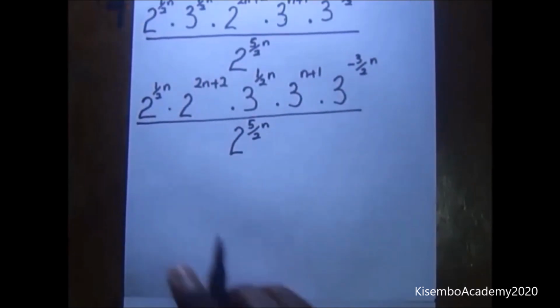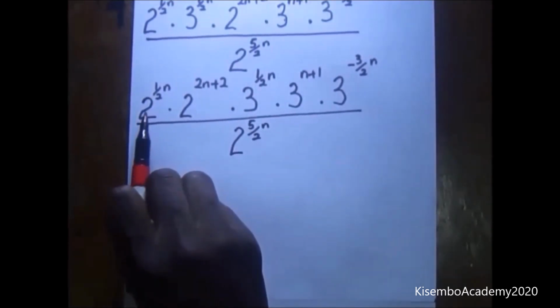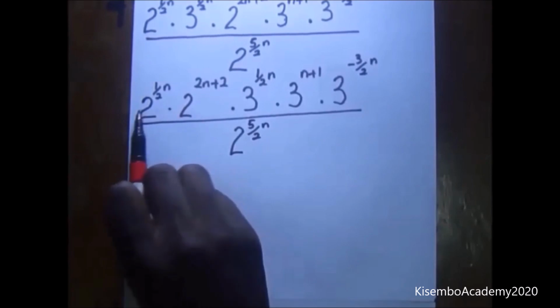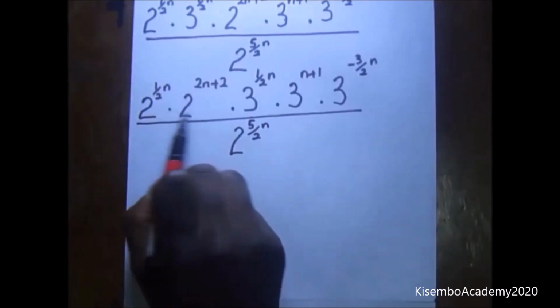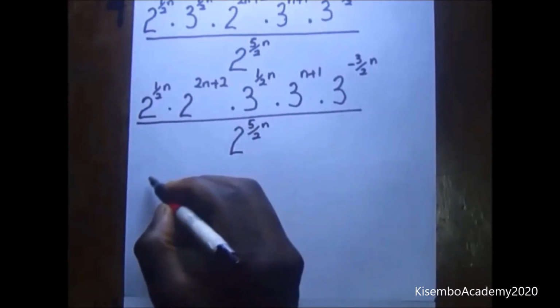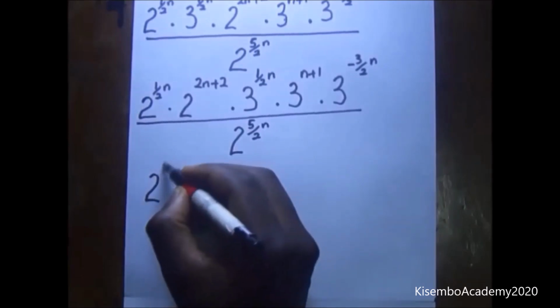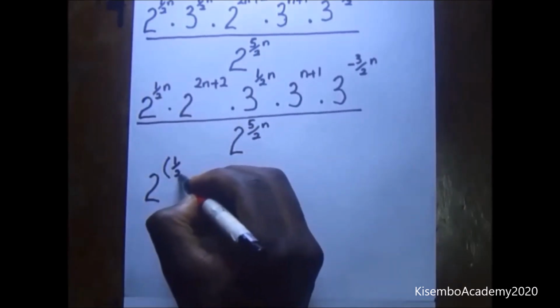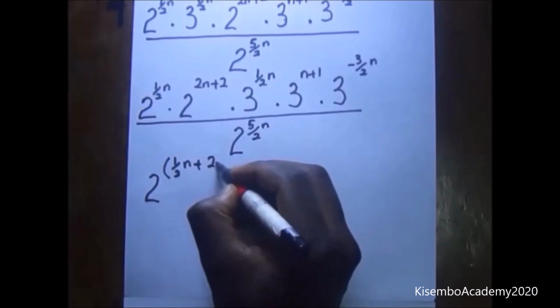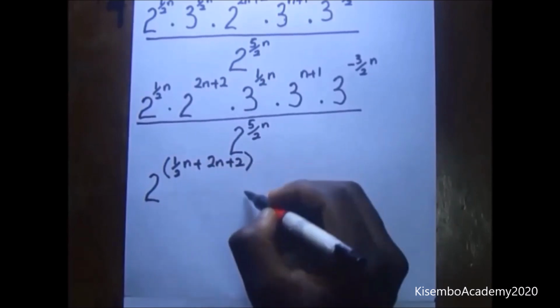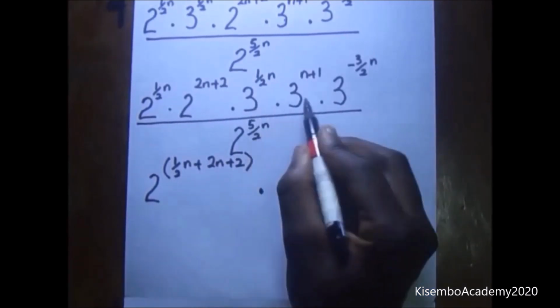Using the laws of indices, the base is the same, so when we are multiplying, we add the powers. So this becomes 2 to the power half n plus 2n plus 2, times 3.